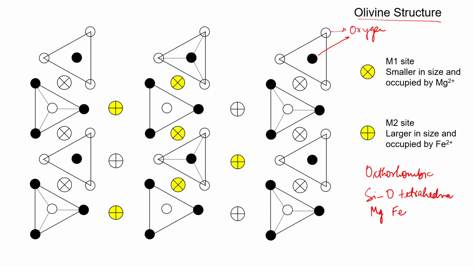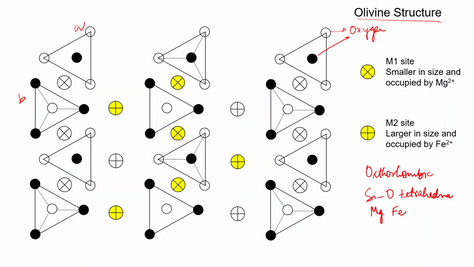So let us now understand. If you look at the arrangement of silicon-oxygen tetrahedra, there are two ways in which they can be arranged. In this case, let us call this A, and this B. Tetrahedron A is pointing downwards, while tetrahedron B is pointing upwards.